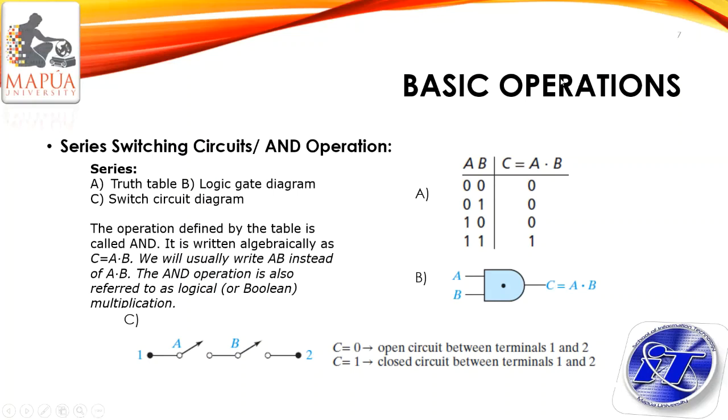That's why the truth table shows that if the inputs are both 1, the output is 1. But if there is a 0, which means open, the output is 0. And this is the symbol for AND. The inputs are A and B, and the result is AB.